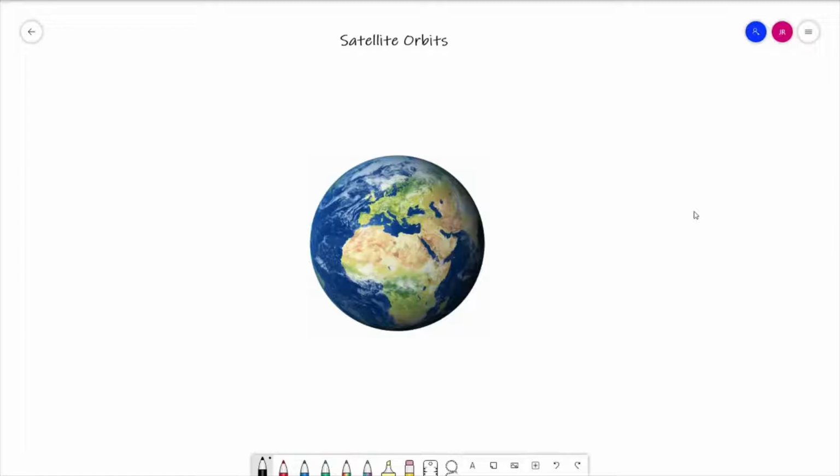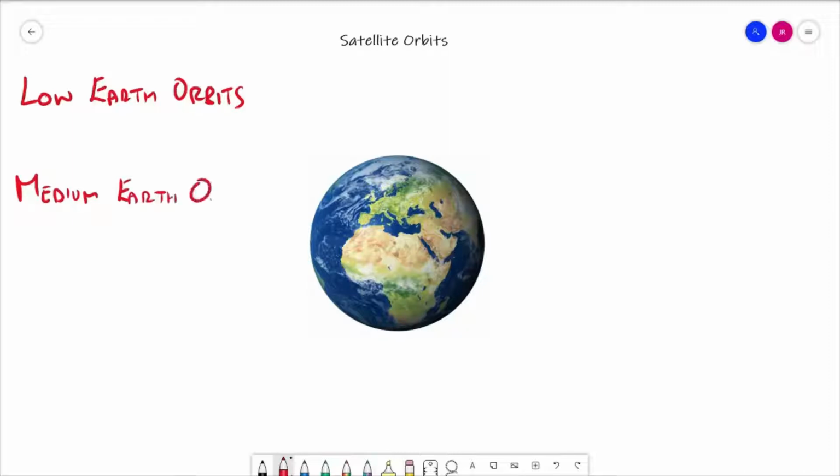Now there are several types of orbit of satellites that are orbiting the Earth, and the three main types that we see are low Earth orbits, medium Earth orbits, and geostationary orbits.